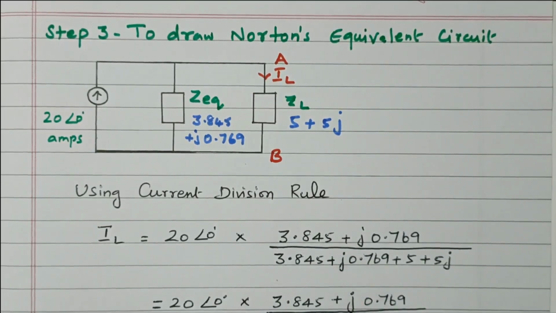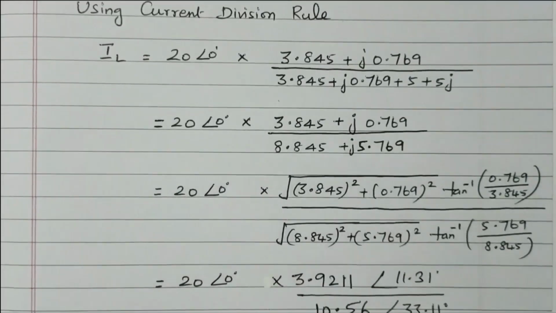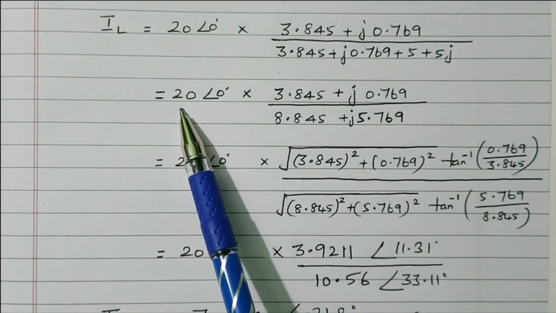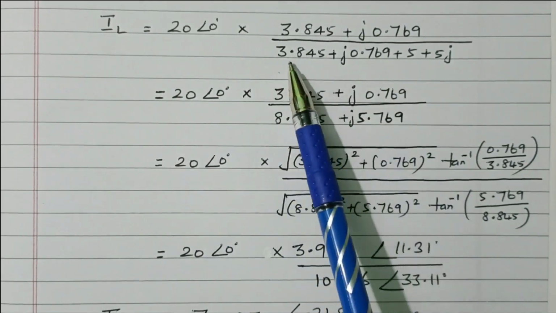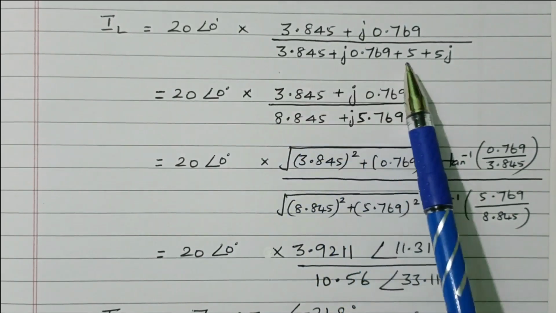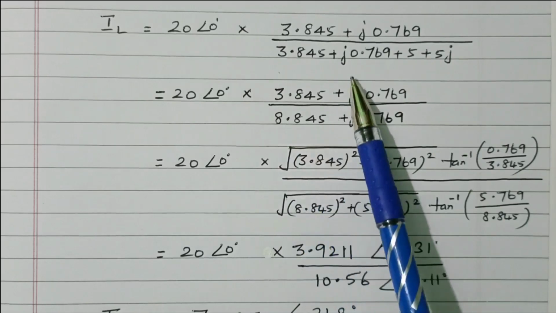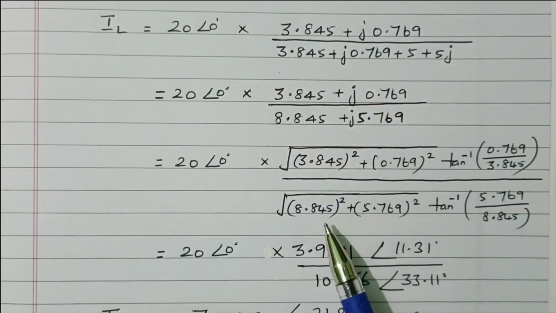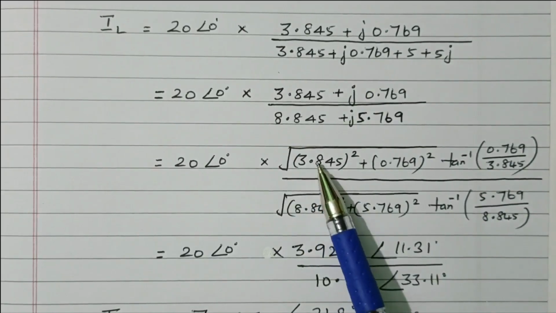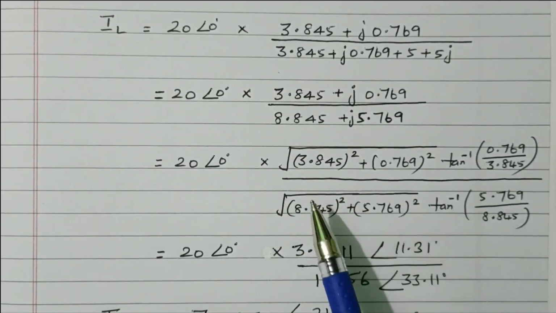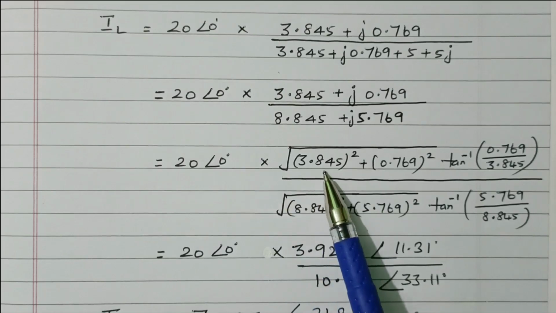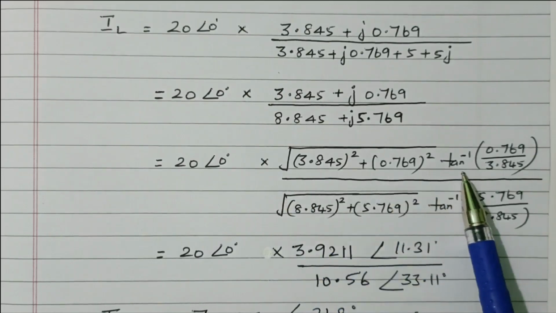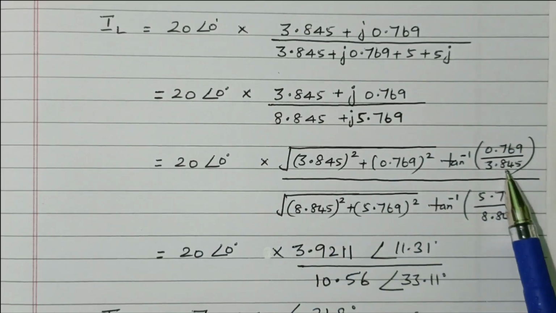Right. Now we'll go for the further simplification. So this 20 ampere is there. So these two are added together: 3.845 plus 5, 8.845. 0.769 plus 5, 5.769. So this can be converted into polar form. We already discussed: square root of real term square plus imaginary term square, tan inverse imaginary term divided by real term.